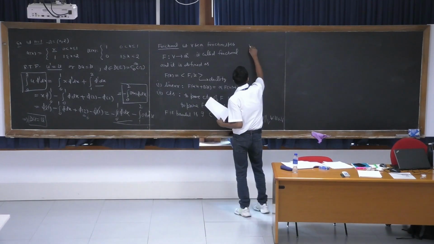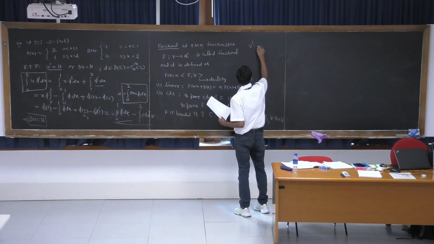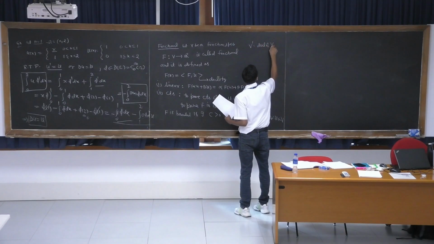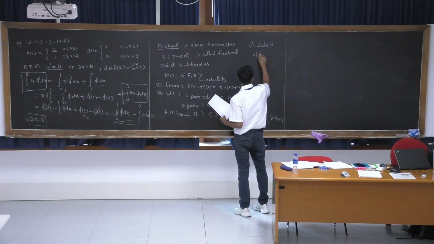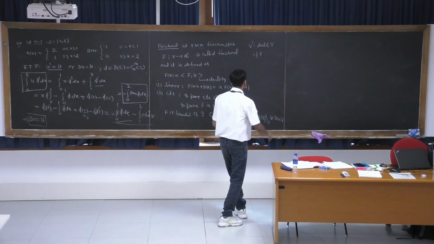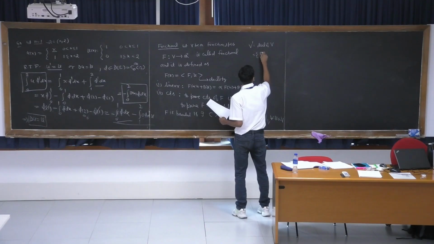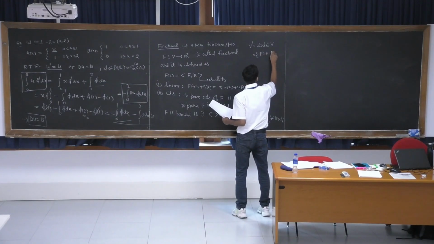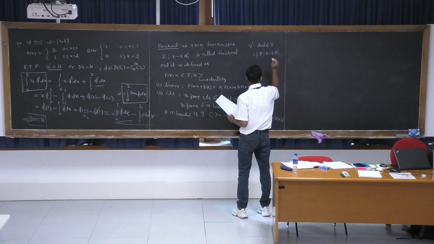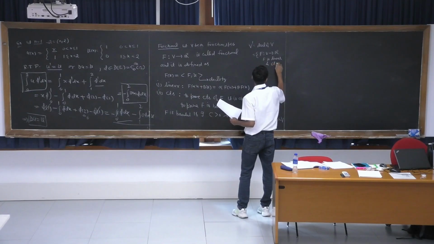So we can define here V dash, that is what? The dual of V. This space contains those functionals, the functions from V to R, where f is linear and continuous.